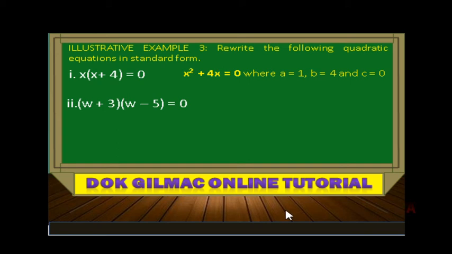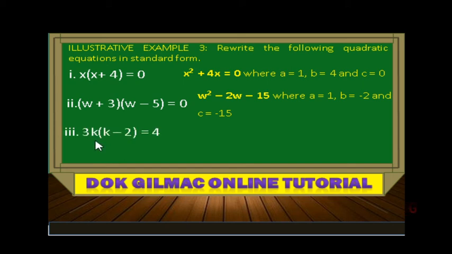So we have w squared minus 2w minus 15, where a equals 1, b equals negative 2, and c equals negative 15. Negative 5 plus 3 is negative 2. That's why the middle term is negative 2w.